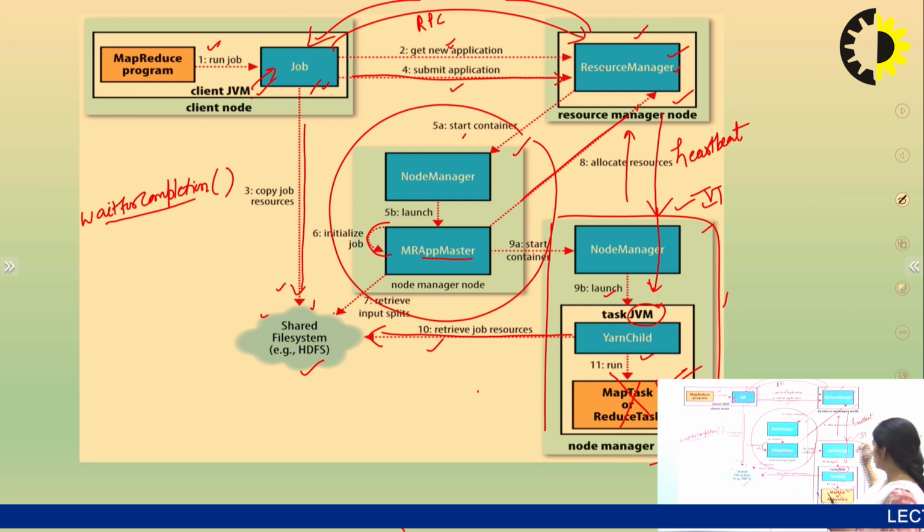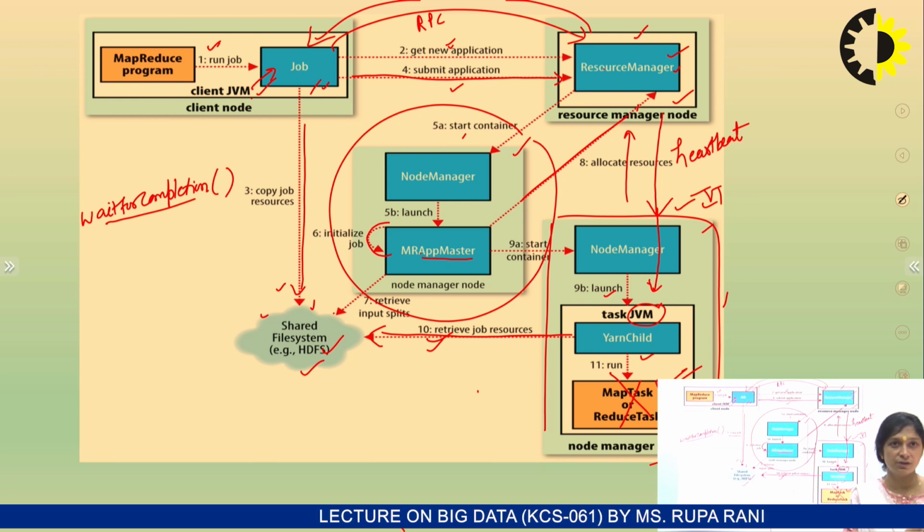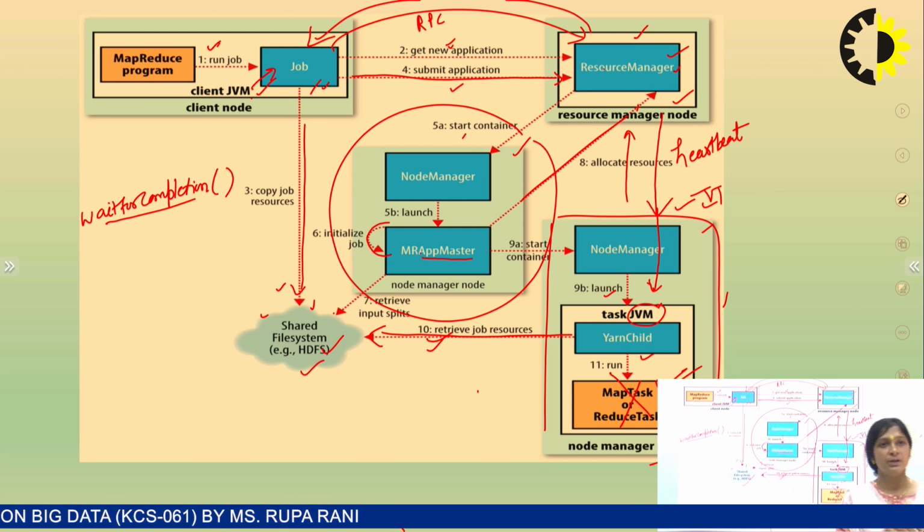Means this task tracker is retrieving the jar file from HDFS and then launches the JVM, Java Virtual Machine, and after launching the JVM, the particular task will be executed. After the execution of the task, the task tracker will give a response to the resource manager.